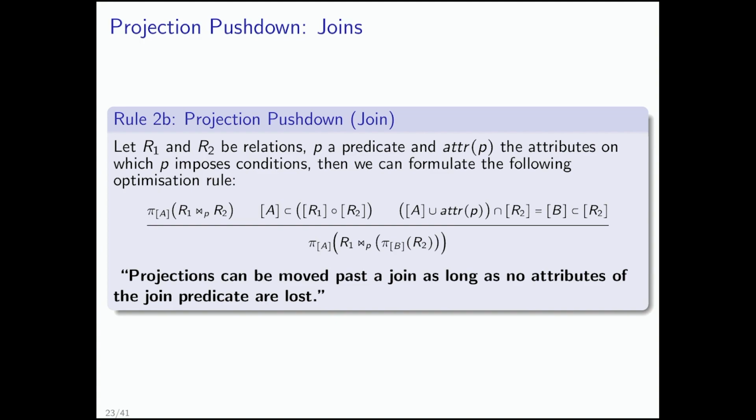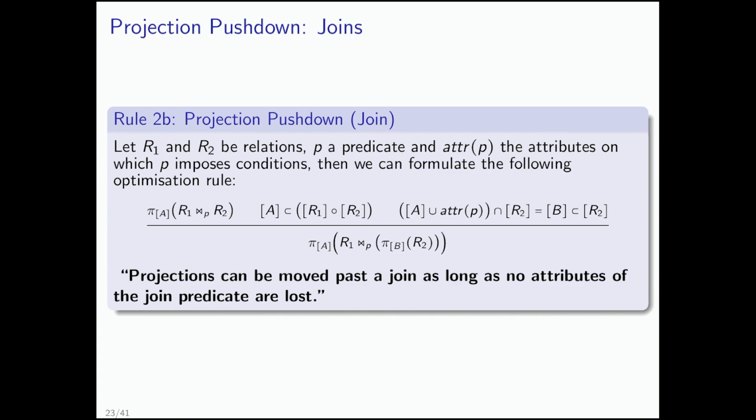So under certain conditions, like that the schema of A, that is the attributes you're projecting to, is contained in the concatenated schema of both input relations R1 and R2, then you can again create an extended schema B here, and then you can add a projection like that. Push down the projection, here in this case only to one of the inputs, that is fine. You can also do it for the other input.